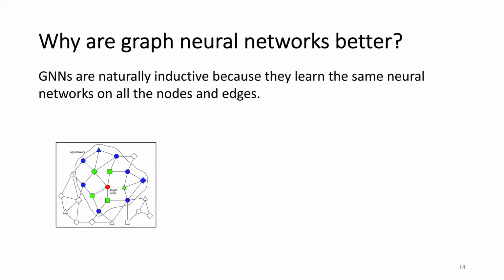What GNNs do is that they learn a function to compute node embeddings from the features of the node's ego networks. Okay? When those features do not encode information about the identity of the node itself, but correspond to features describing attributes and characteristics of those nodes, then those functions can be applied to any ego network to compute the representation of the target node.